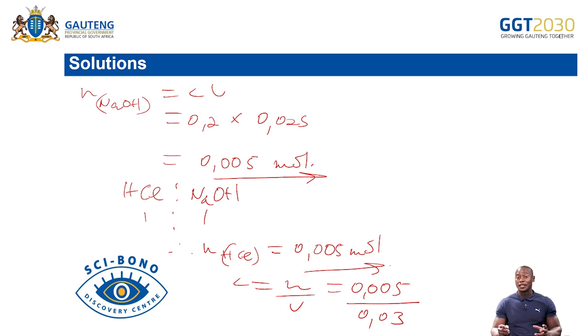I'm converting cubic centimeters to cubic decimeters. So divide 0.005 by 0.03, and the concentration will be 0.17 mole per cubic decimeter. That is the concentration of hydrochloric acid.